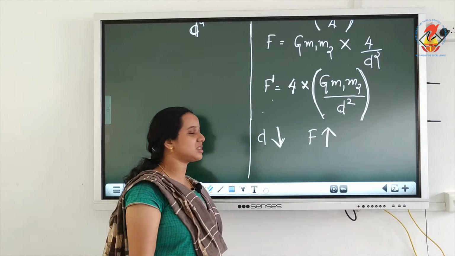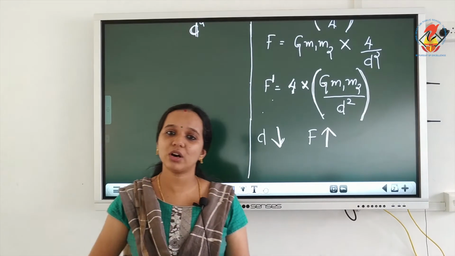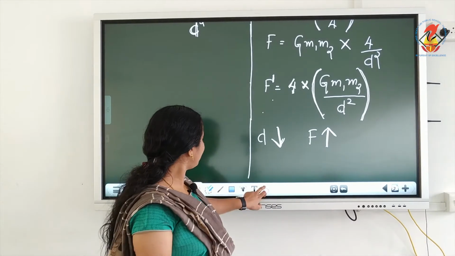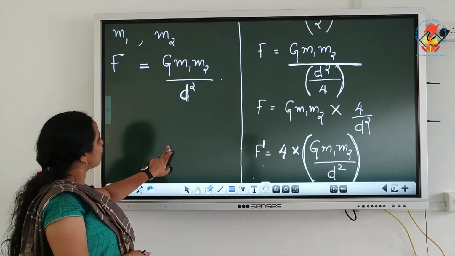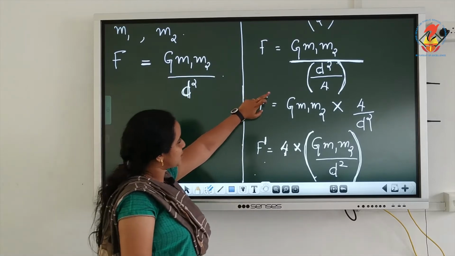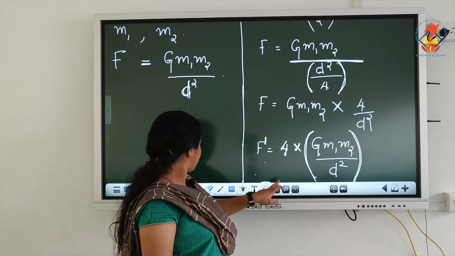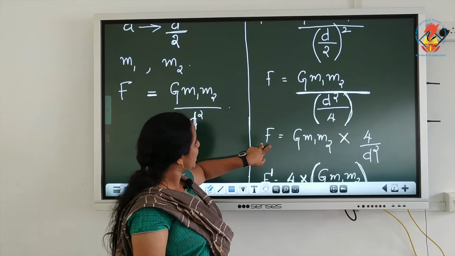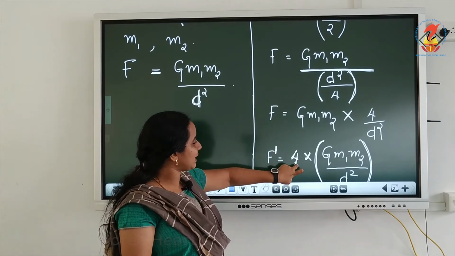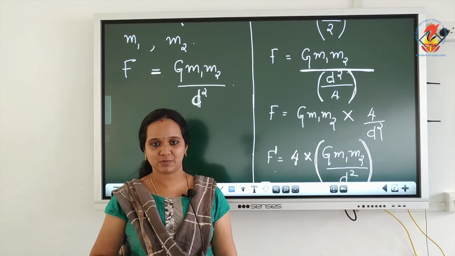That is, distance and force are in inverse proportion. Hope it is clear. So in the formula of the universal law of gravitation, just instead of d, substitute d by 2 and solve it, and we can see that the force got increased by 4 times.